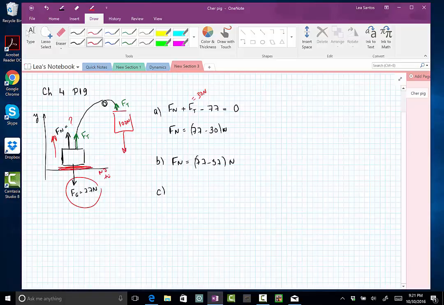No touch, no contact, no normal force. So the normal force here will be 0, because the weight of the object, 100, is larger than the weight of my initial object. So the weight of the additional object here is larger than the weight of my box.